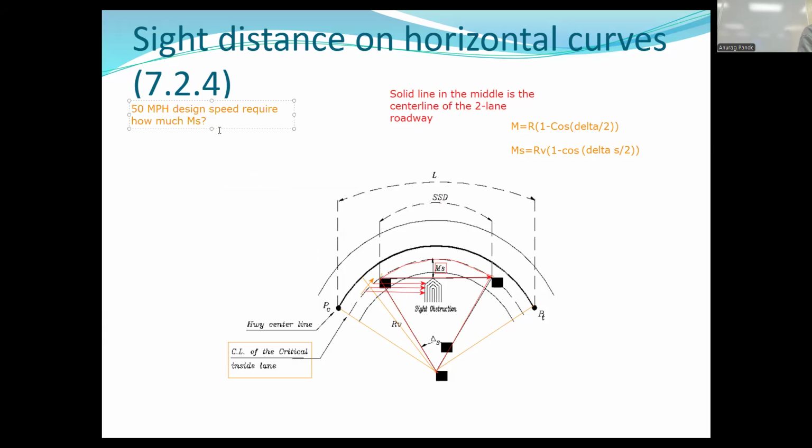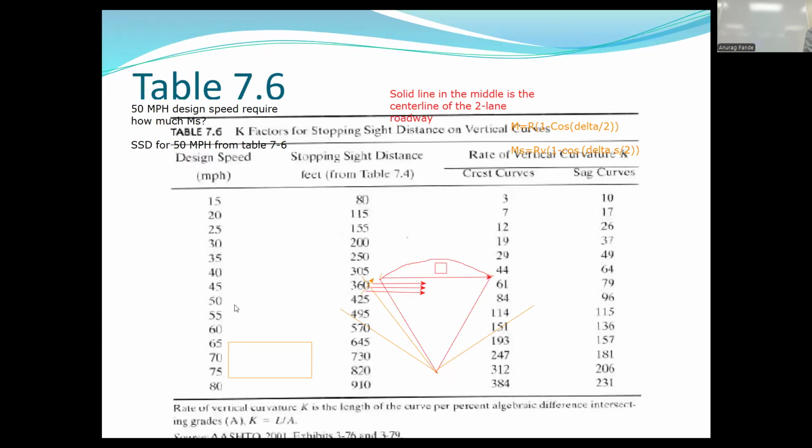Okay, so that's my main question. I'm going to try to solve it now. So for MS, I need SSD for 50 miles per hour from table 7.6. Let's go back and take a look. For 50 miles an hour, do I have that information?